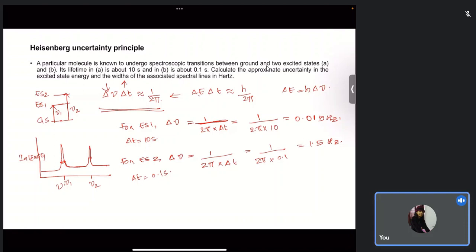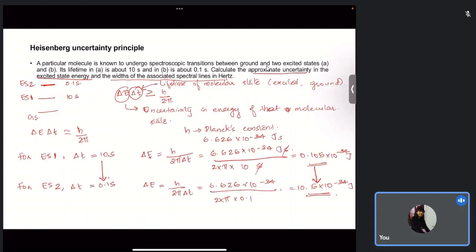When the lifetime increases, the line width will be shorter. And also when you increase the delta T, the uncertainty in the energy is also reduced.